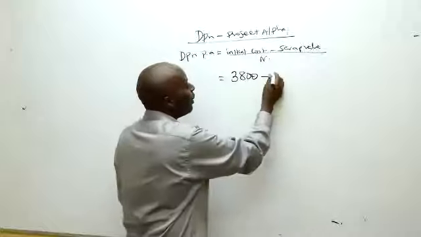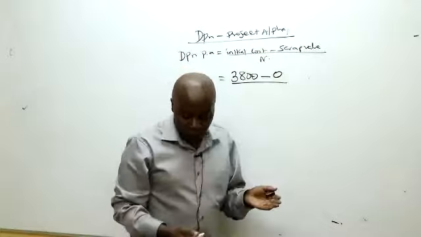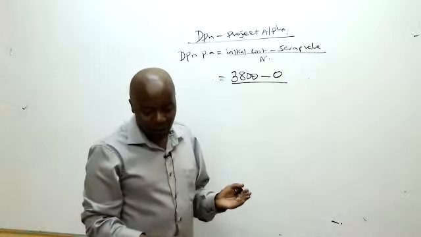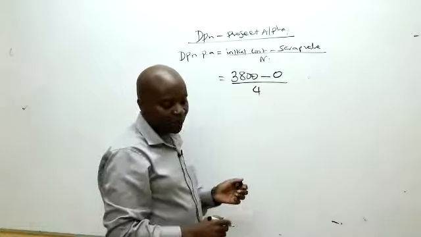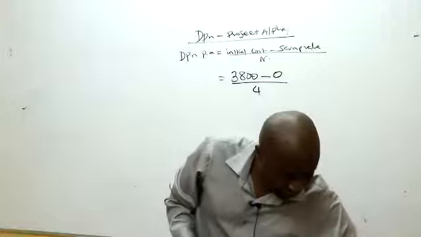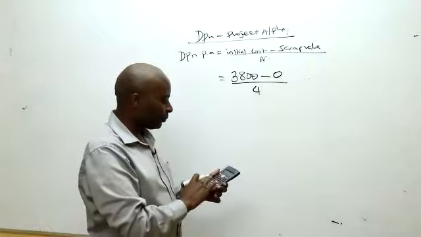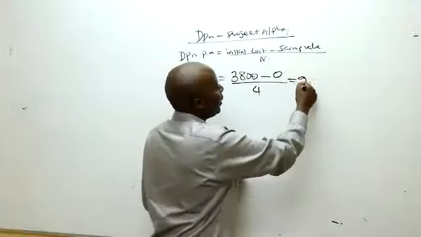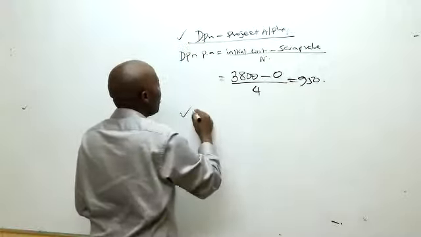So scrap value should be 0 divided by n, where n, they've told us in note 1, the project's lifespan, project A's lifespan is 4 years. So 3,800 divided by 4, giving us 950.